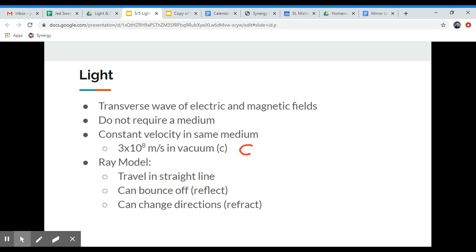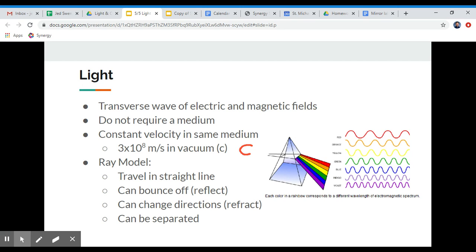And then it can change directions, and in light, we call that refracting. So if a ray of light is going from air to water, it's changing mediums, and it's going to change directions.